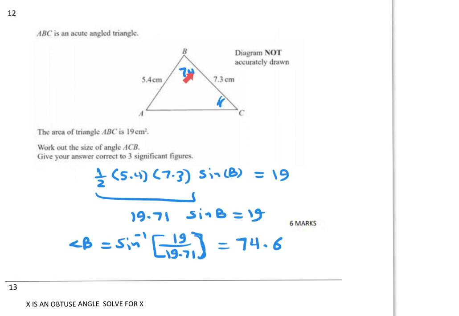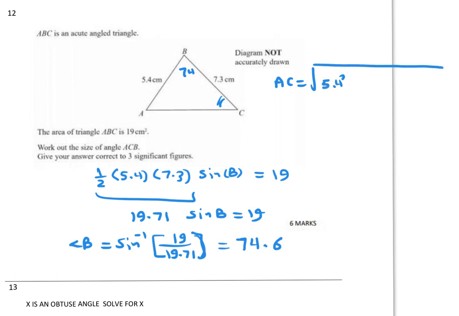So to use the sine rule to find this angle, we need to find AC. We can find AC using the cosine rule because we have two sides and the included angle.